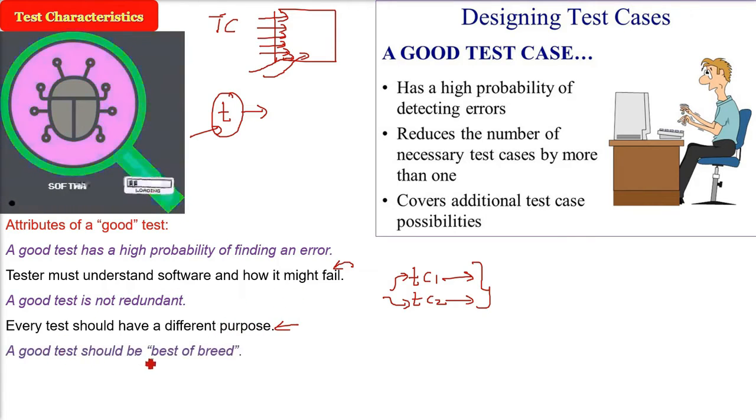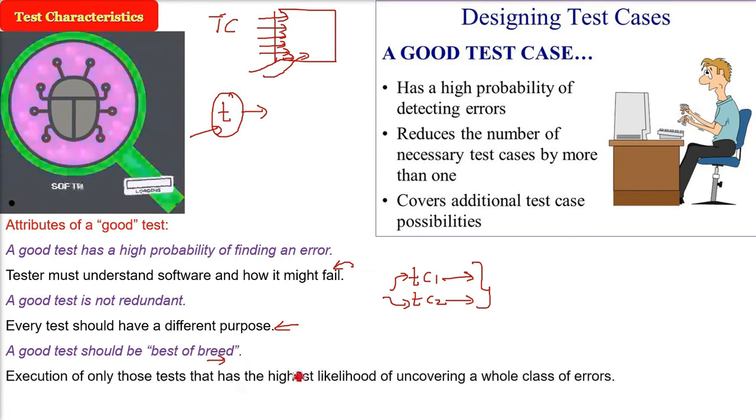A good test case should be best of breed. Now the horses coming from Arabs are the best of breed among all the horses found anywhere in the world. What is the good thing about those horses? They are best of breed. Same thing here. What does it mean when we talk about testing? You will write a test case, trying to find an error.